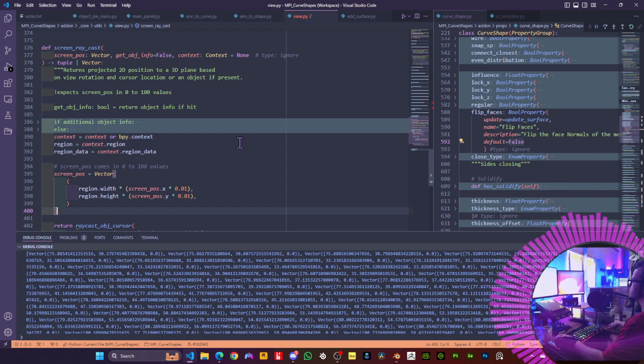Returns projected 2D position to a 3D plane based on view rotation and cursor location, or an object if it is present. Expect screen pause in 0 to 100 values.